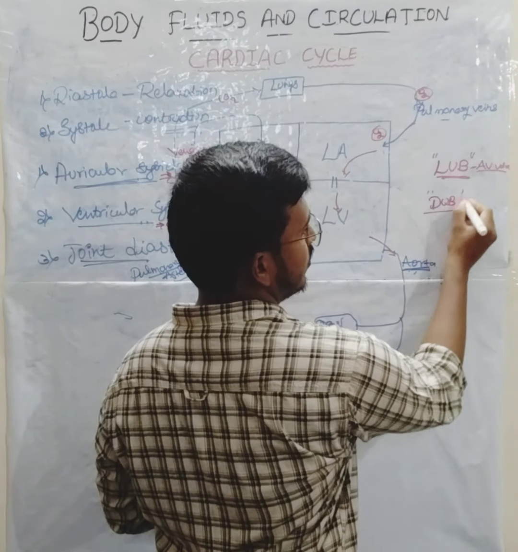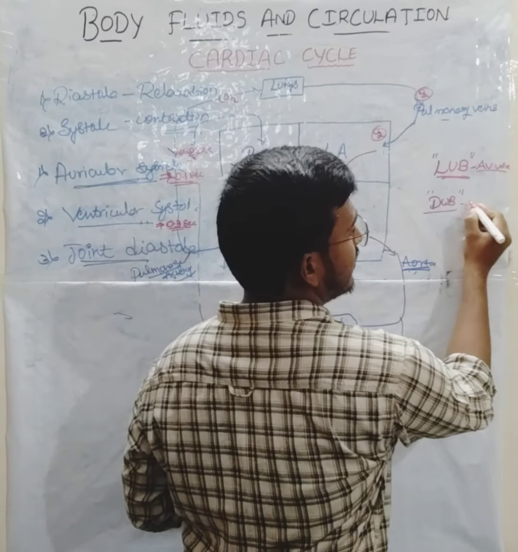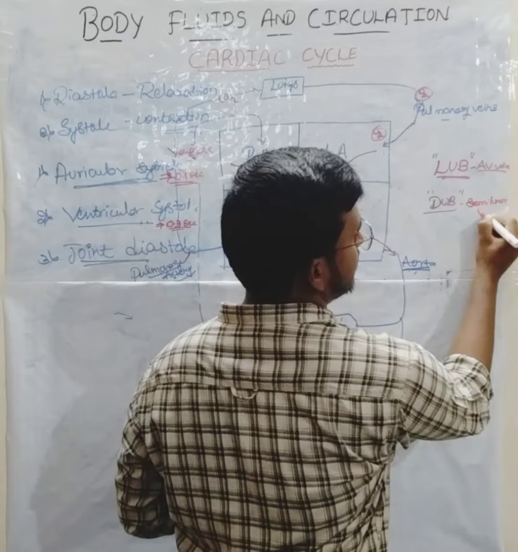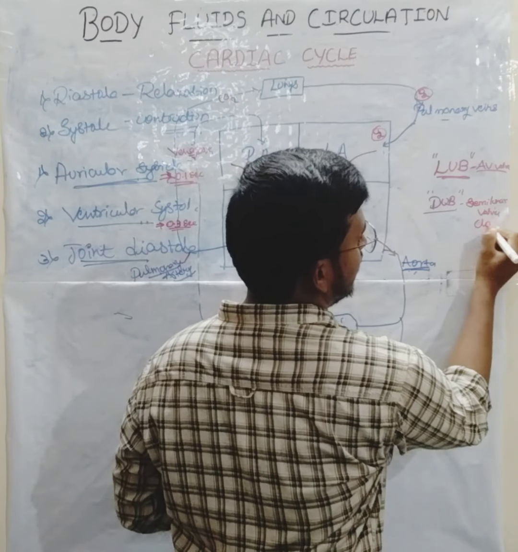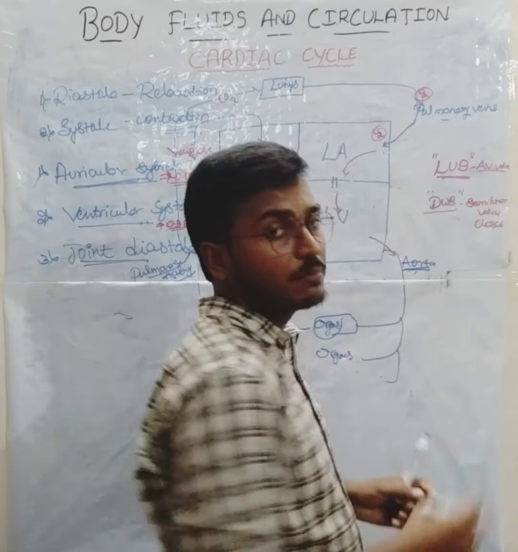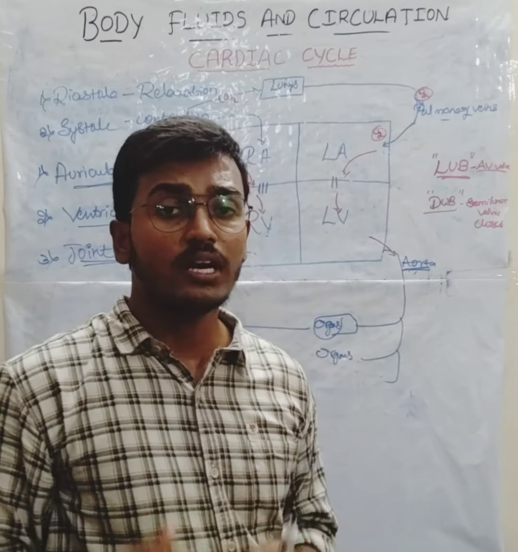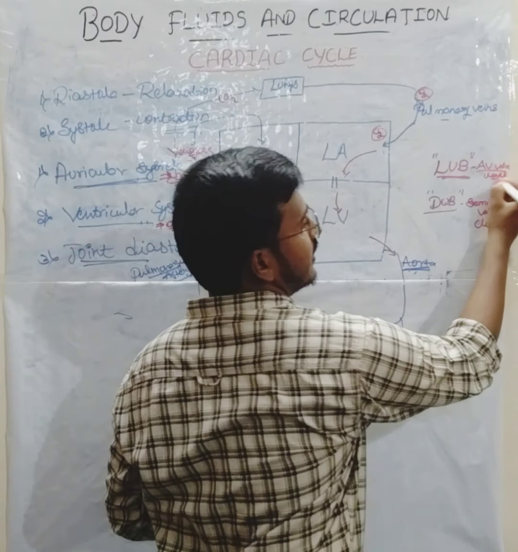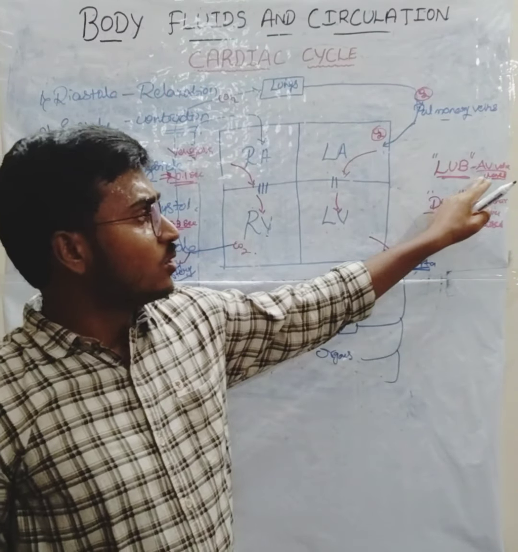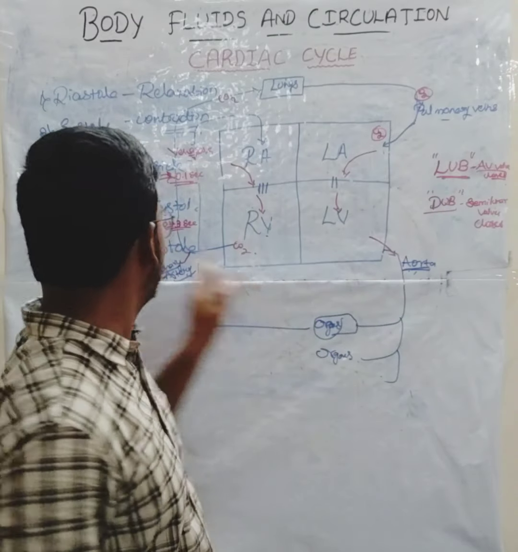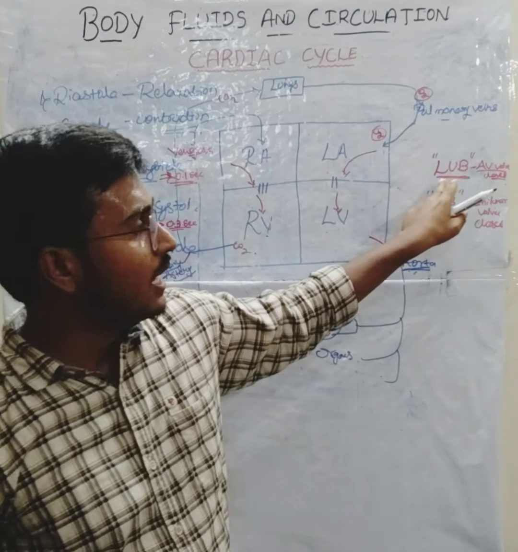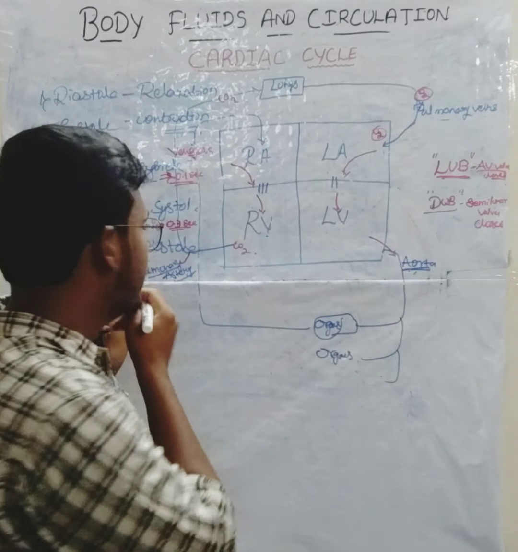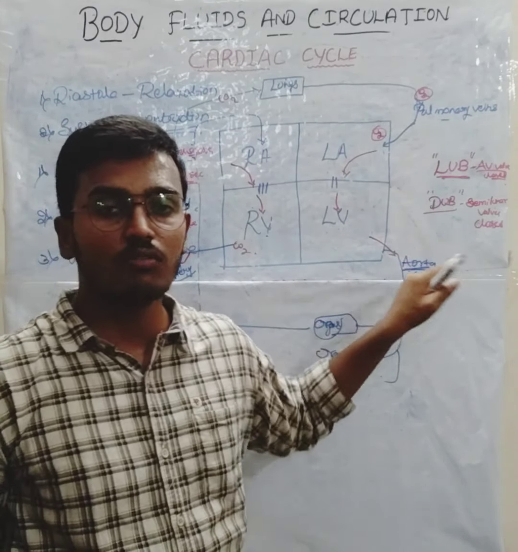By closing of the atrioventricular valves in the ventricular systole, the lub sound is produced. Don't confuse. The dub sound is produced at the joint diastole stage, when semilunar valves are closed.